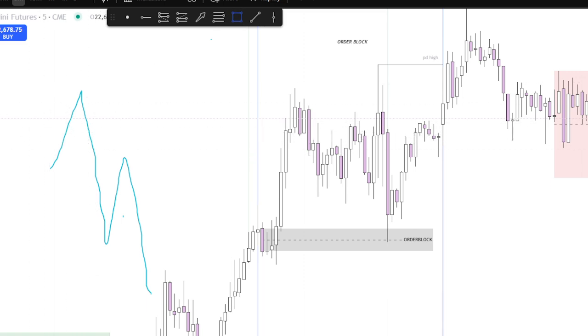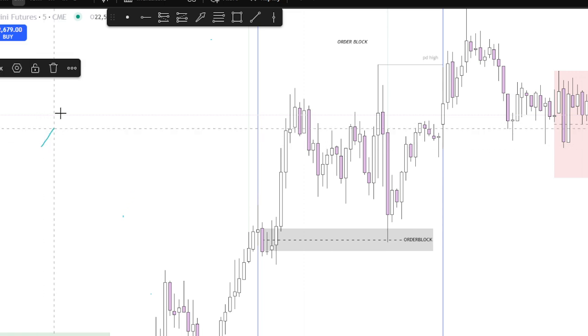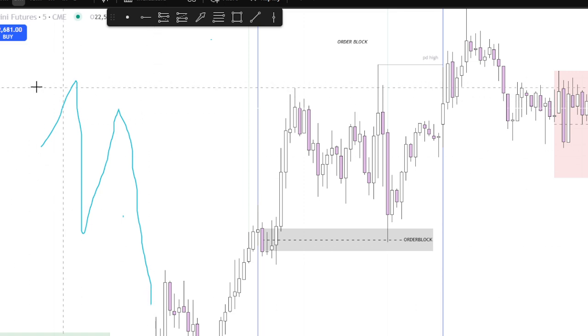Sorry guys, let me try to draw this a bit better so you can actually understand it. There we go. So, let's say this line right here is 2 candles. We have this, then this.